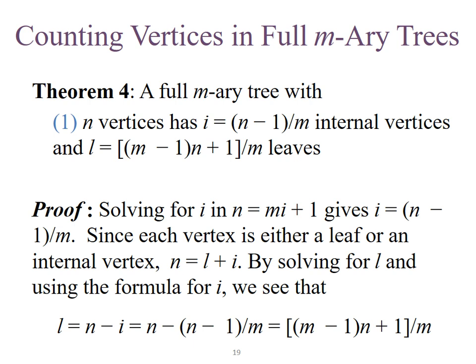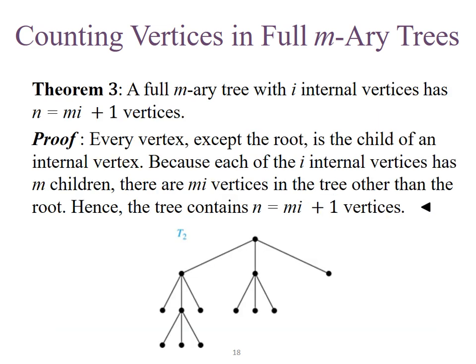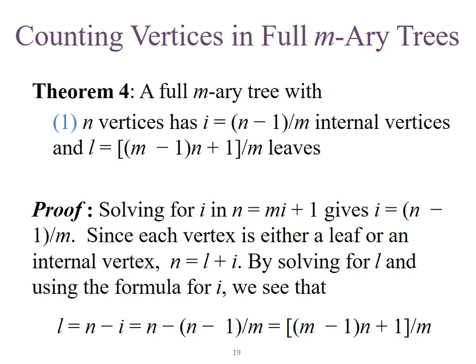Next, let's see when we have different variables, how we infer this equation. For example, in theorem 4, we have a full m-ary tree with n vertices. In our previous theorem, we knew the variables m and i and tried to infer n. But in this case, the given variables are m and n. Then what is i?